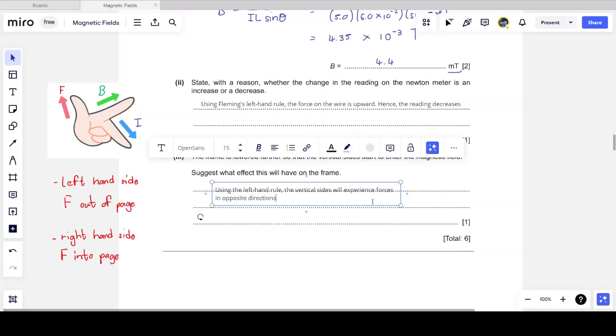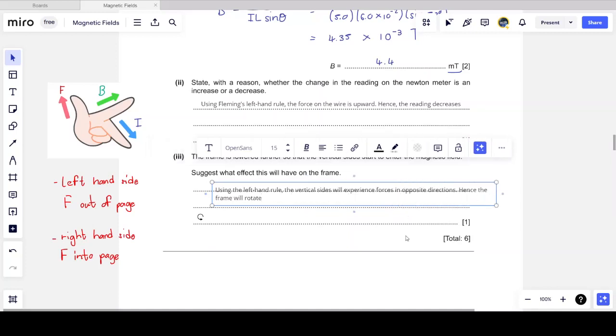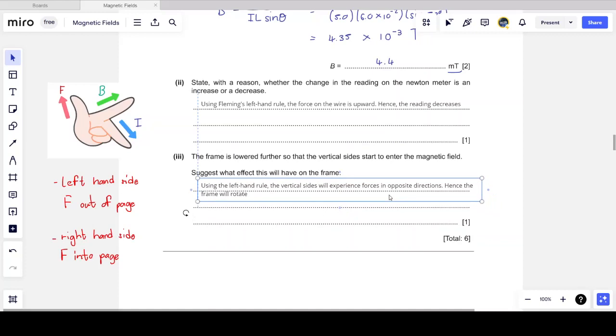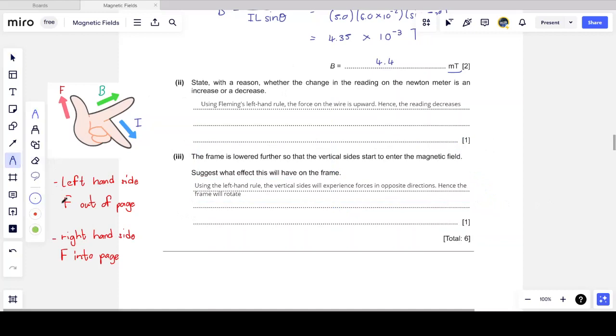If you think back to AS physics, you know that forces equal in magnitude and opposite in direction basically create a rotation. And so you can say, hence, the frame will rotate. So this is the implication of using the left-hand rule with the vertical sides of the wire being placed into the field.